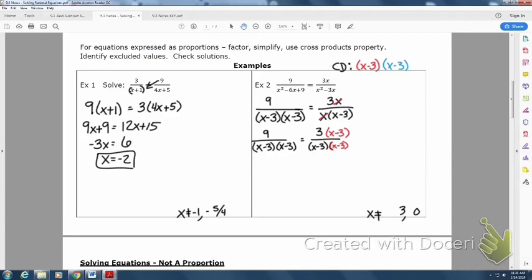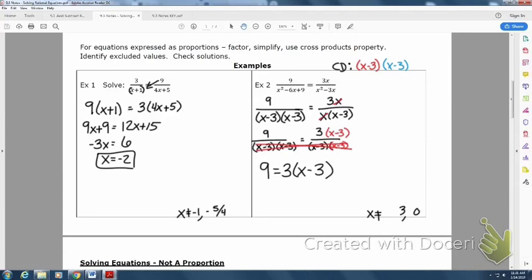Okay. Getting to this point in these problems is the hardest part. Because after that, I'm going to look at this. I can ignore the denominator if I get them all the same. I'm just going to make a problem out of my numerator. And then I solve it from there.